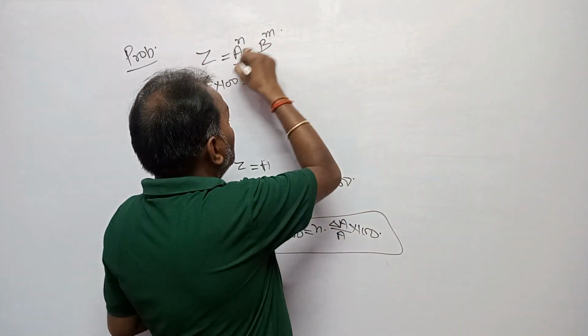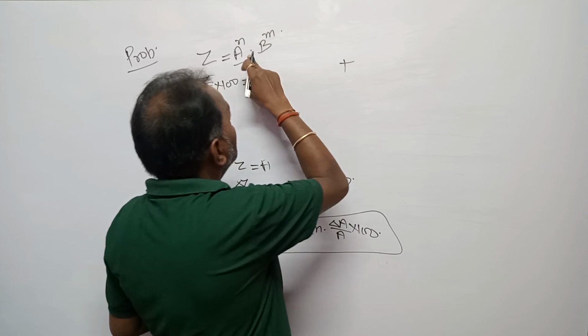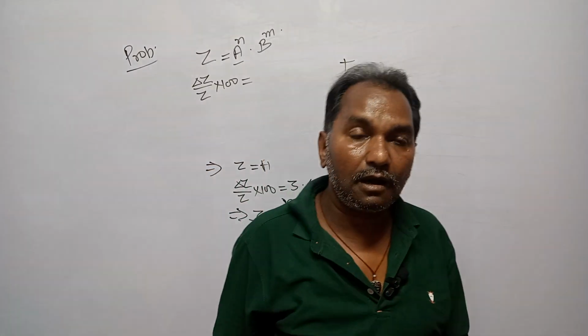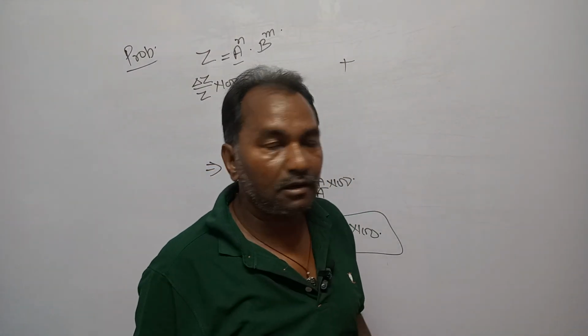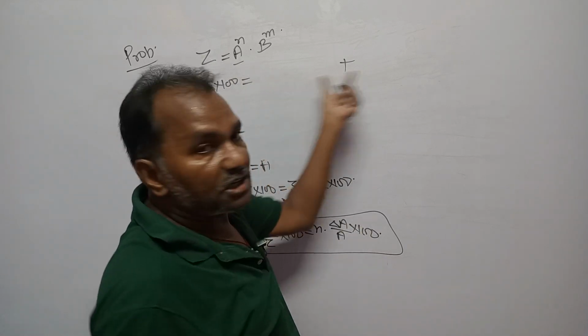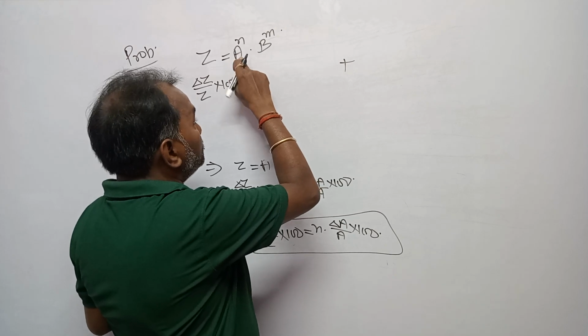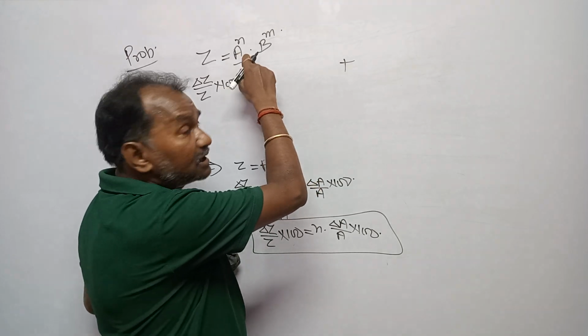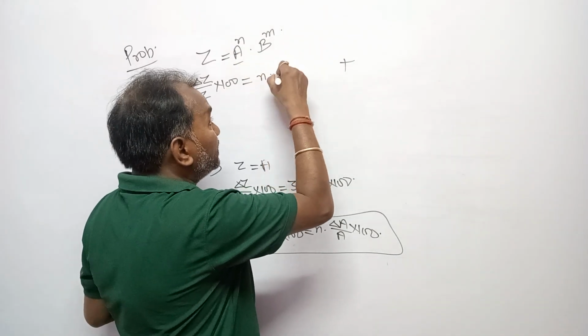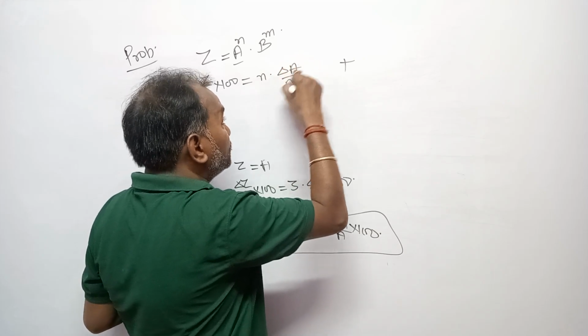So here I am writing, either it is a product or division, that will turn out to be a combination of two errors. So for A to the power n, the possible percentage error in the value of A will be n delta A upon A into 100.